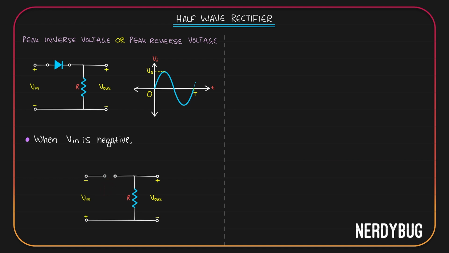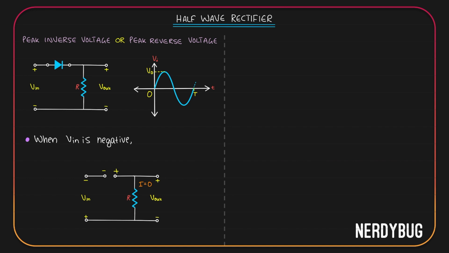Since the circuit is open over here, current passing through the resistor will be 0. That means the potential across the resistor is 0. But we are applying the input potential over here. Since no potential is going to drop across the resistance R, all of the input will be dropped over here in the open circuit. Since V in is negative, negative potential will come here, positive will come here.